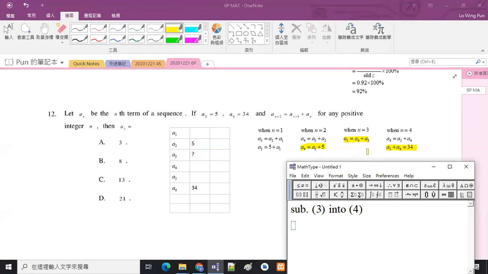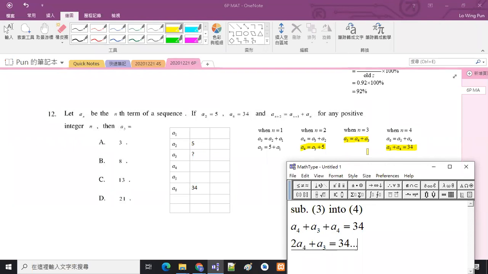Okay, the A5 will be changed to A4 plus A3. So A4 plus A3 plus another A4 is 34. So 2A4 plus A3 is equal to 34.